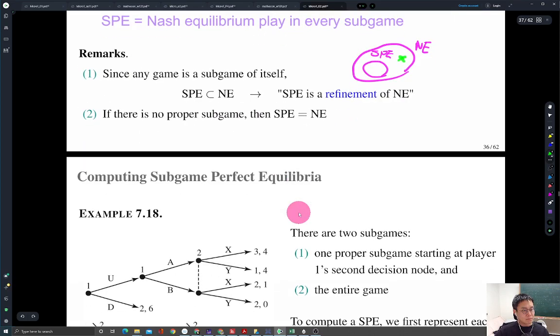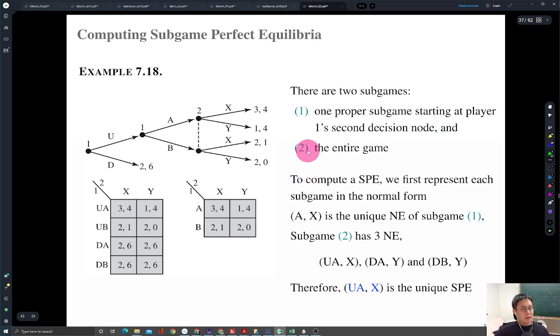All right. So let me illustrate how to compute subgame perfect equilibrium using this example. In this example, we have two subgames. One is the entire game, the trivial one, and the other is a proper subgame starting from player 1's decision node.